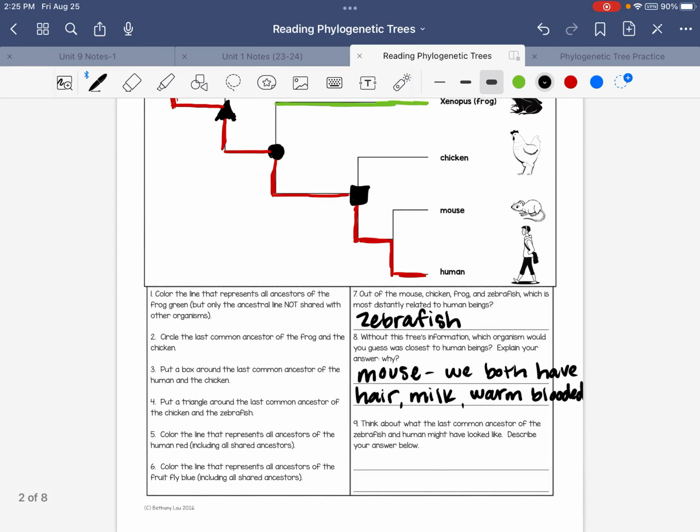So we'll say fish-like because more recent ancestors have different characteristics.